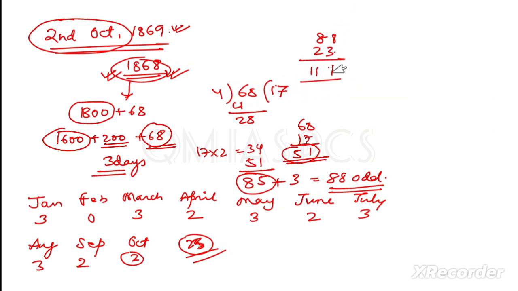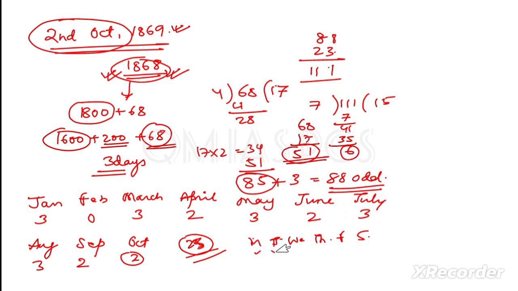Now the final task is to divide 111 by 7. Dividing 111 by 7, we will have 15, and 7 times 15 is 105, we are getting 6. That means we can count Monday, Tuesday, Wednesday, Thursday, Friday, Saturday.